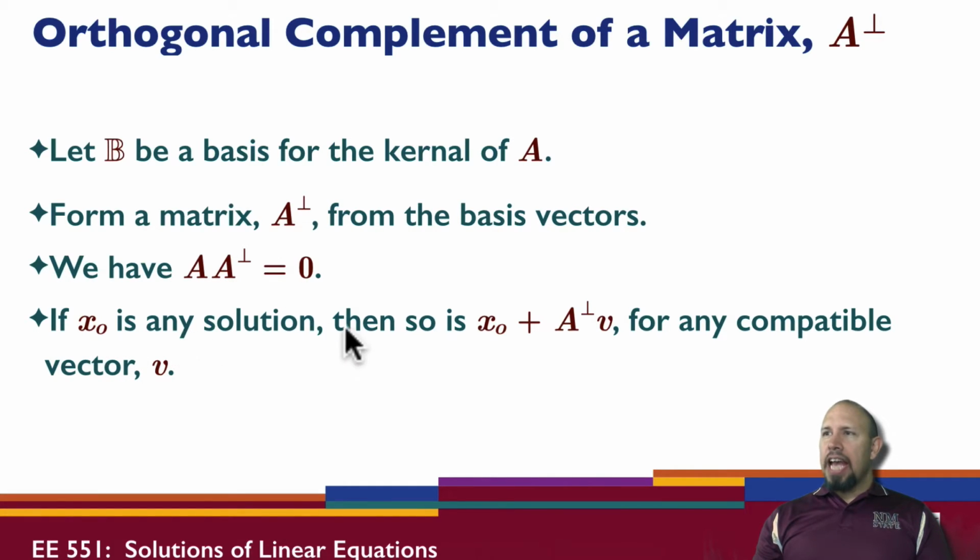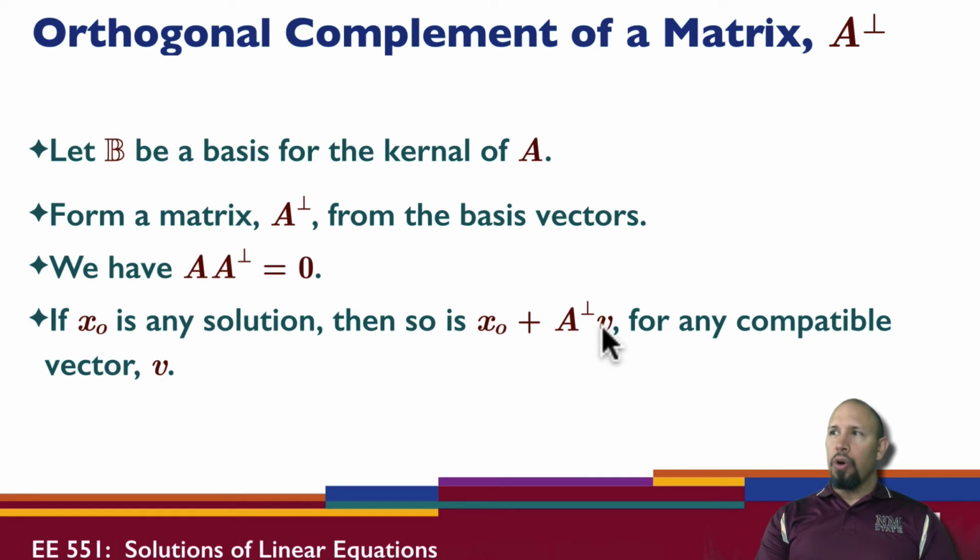If x naught is any solution, then if I take x naught plus A perp times v, this is also a solution for any vector v. And so we can find a parameterization of all solutions of the linear algebra equation, and they're all of this form: a solution plus this orthogonal complement times any vector.